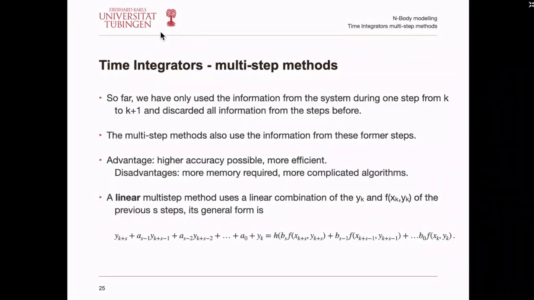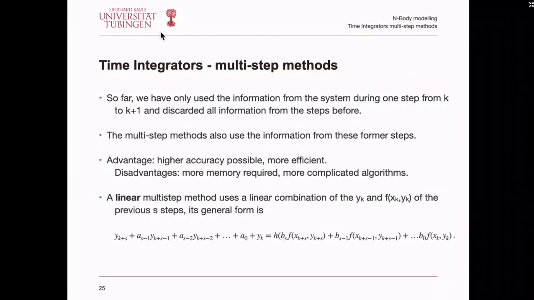Moreover, if you have a multi-step method that depends on the steps before your current step, you need this information already for your initial conditions. So often these multi-step methods use a different integrator for the first steps and then switch to a multi-step scheme.